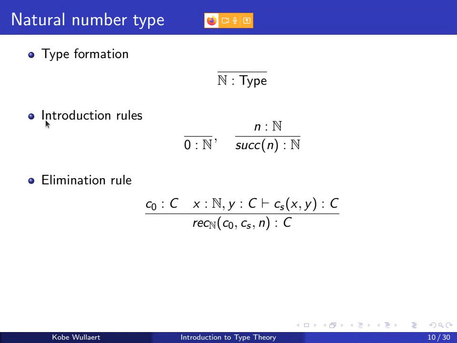If you want to specify a function, let's say in our case from n to c, how would you do this? Just by induction. You first say where 0 goes to, so we say c0.